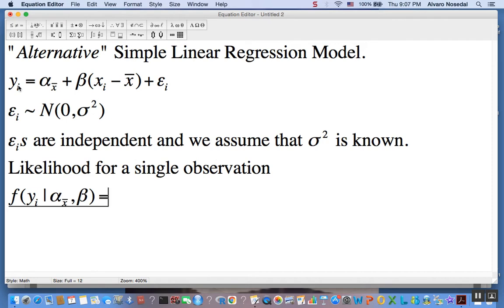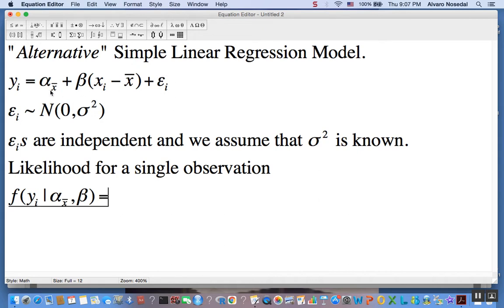the yi is a sum of a constant plus a random variable that is normal, so the distribution of the yi's is going to be normal. The mean is going to be this, and the variance is going to be the variance of epsilon i.